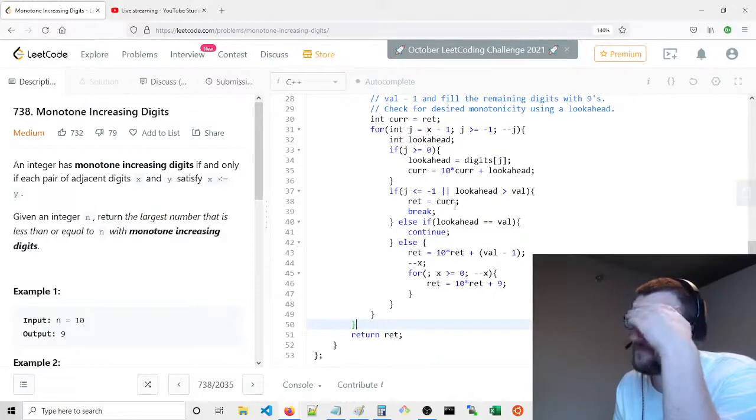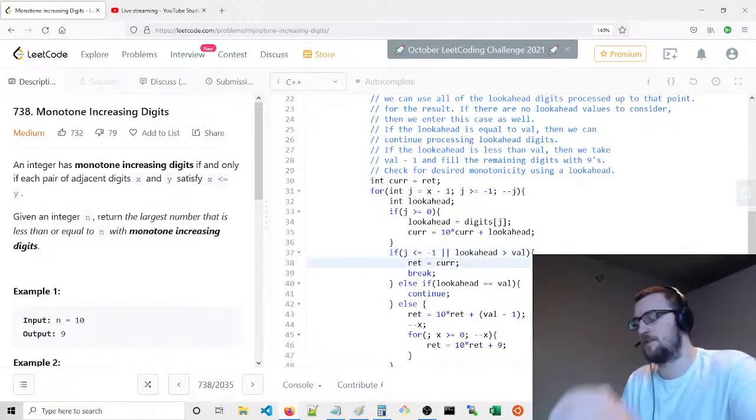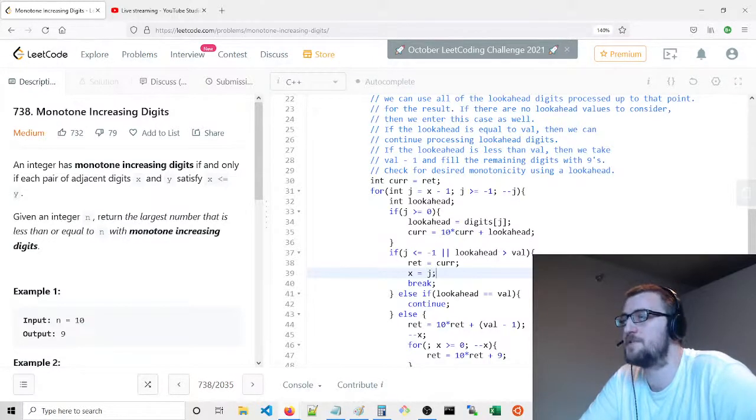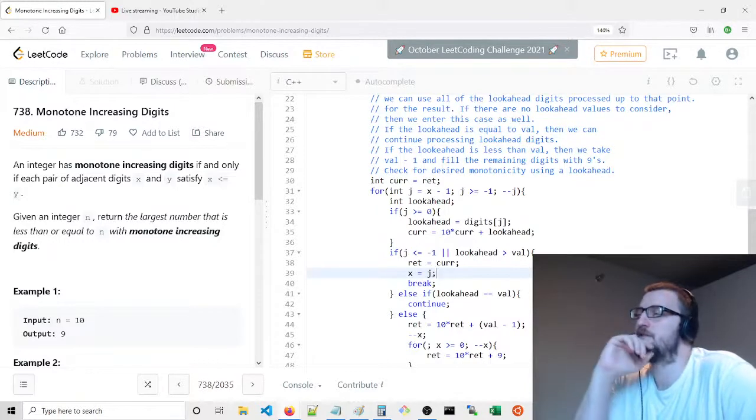So if you are greater than this value, this look ahead, then part of that too is you have to update where x is as well. Because you decremented j and x, so you actually set x to where, I think x becomes j. So let's say you read everything, like all 2's all the way to 3, like 2, 2, 3.